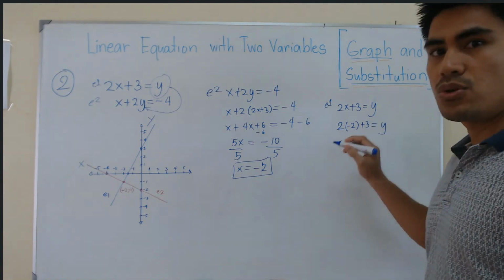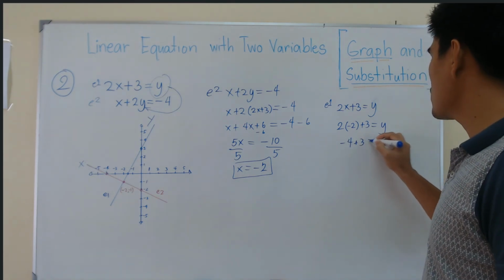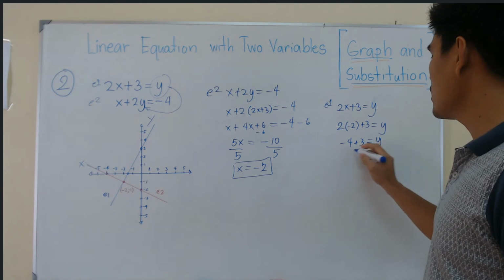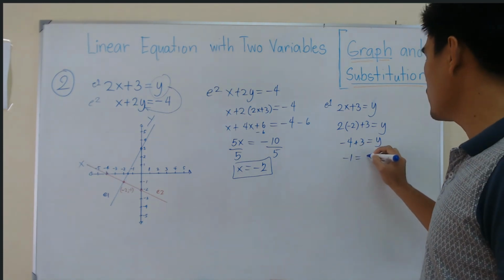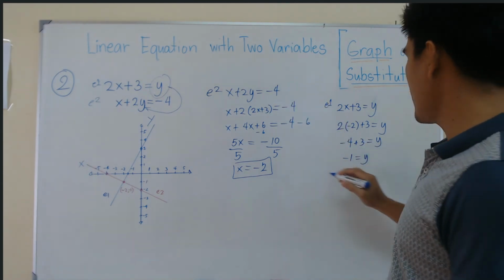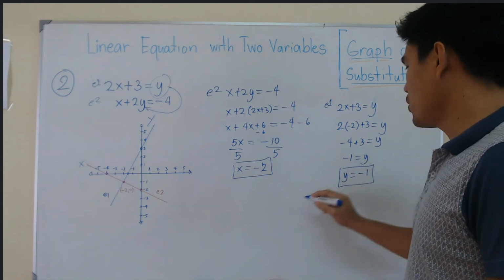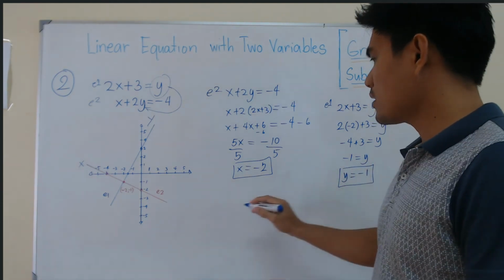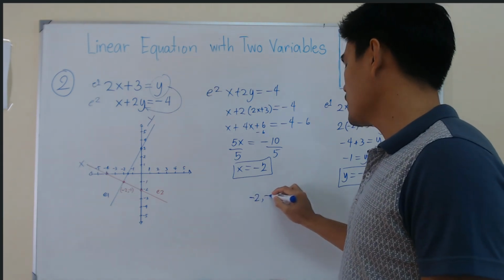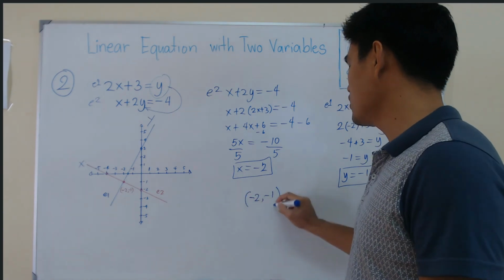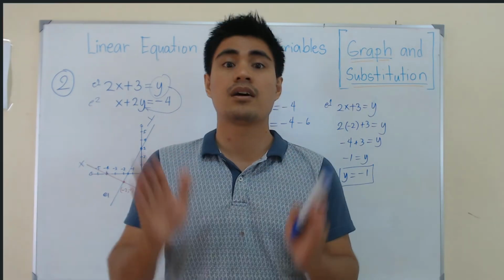So we have 2 times negative 2 is negative 4 plus 3, or negative 4 plus 3 is negative 1, is equal to y. So we have y is equal to negative 1. So our solution is correct. It is negative 2, negative 1. That is the solution, and our graph is correct.